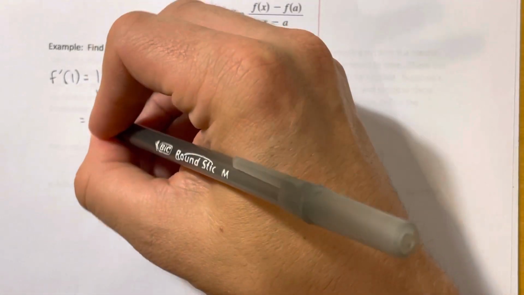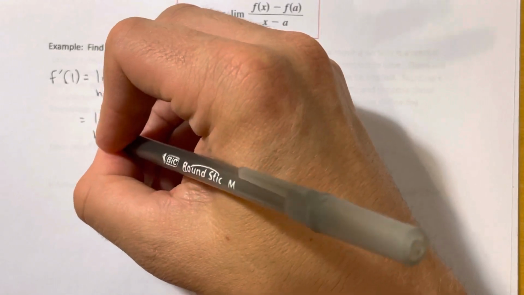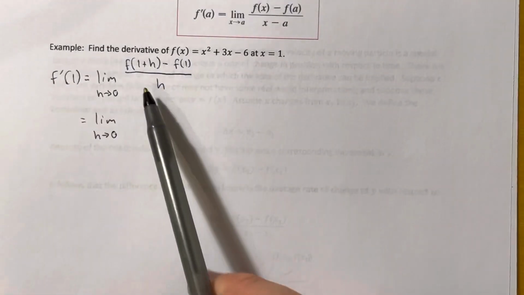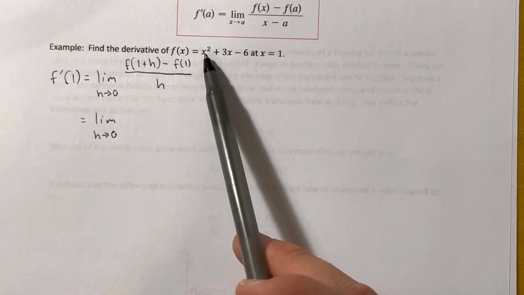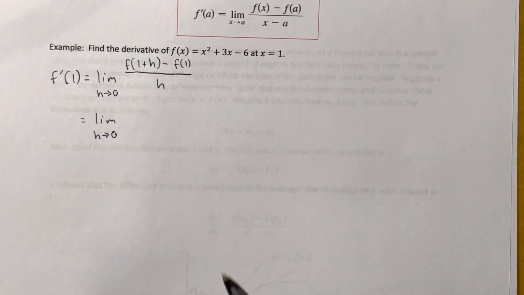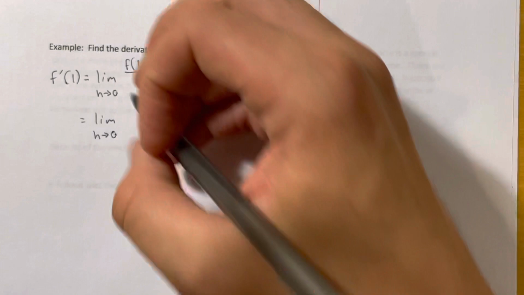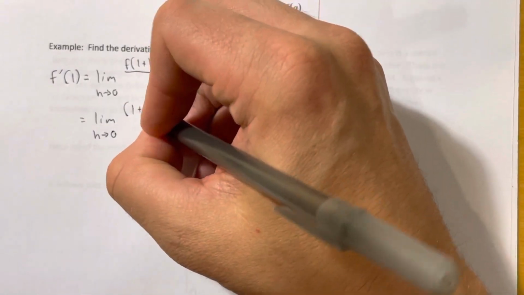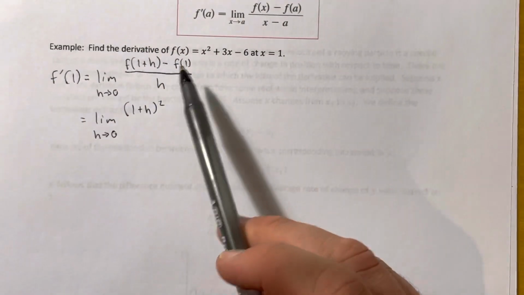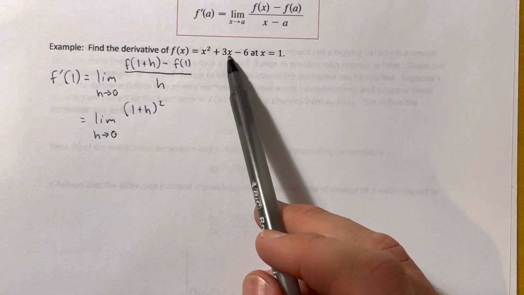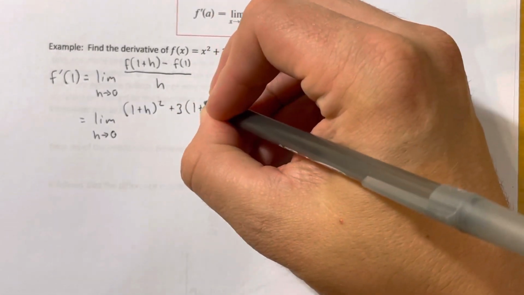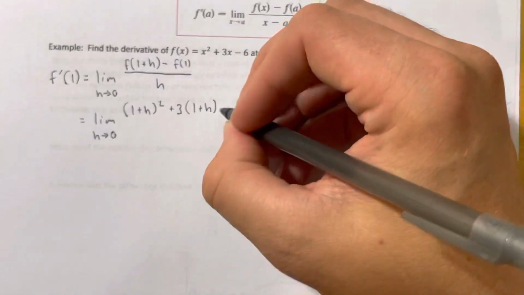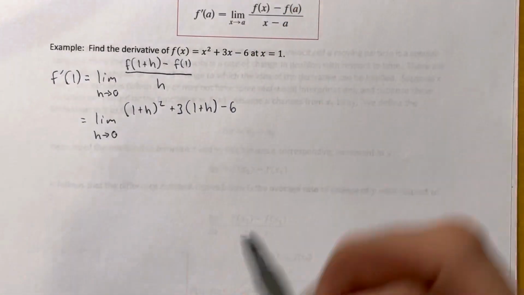Okay, what does that equal to? Limit as h approaches 0. f of 1 plus h is whatever I would get from plugging 1 plus h in for all of the x's in this function. So that's going to be 1 plus h squared, plus 3 times 1 plus h, minus 6, minus f of 1.